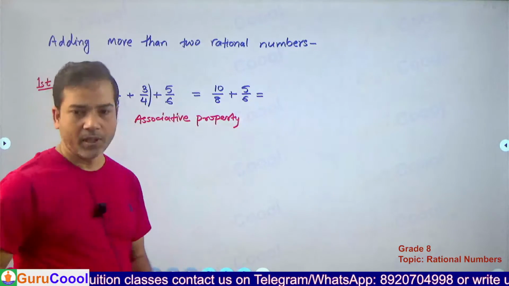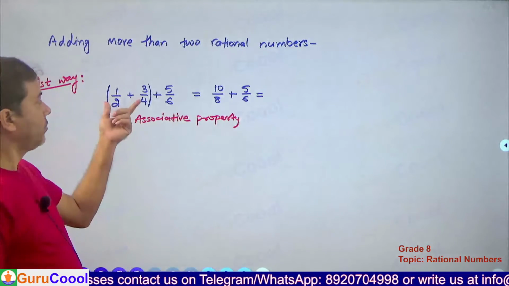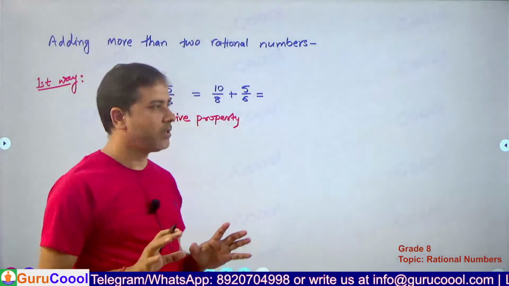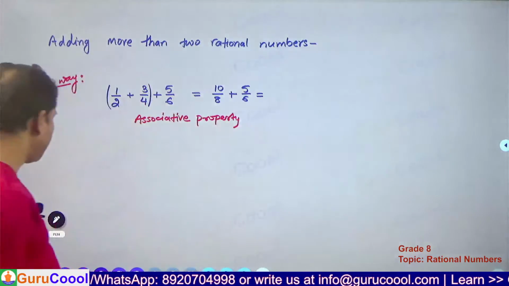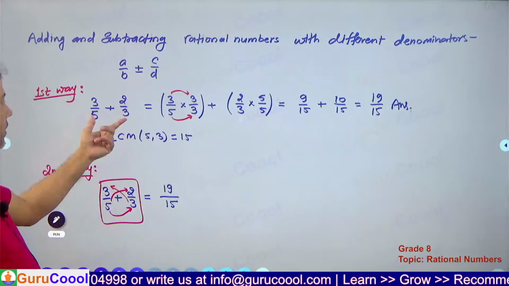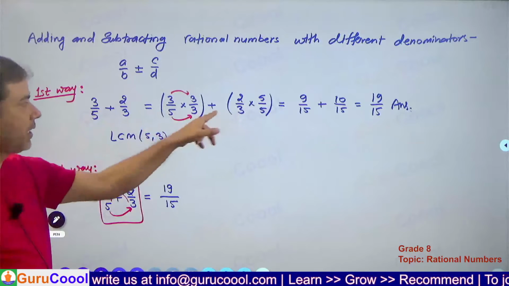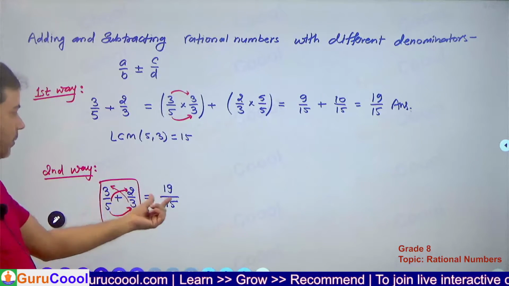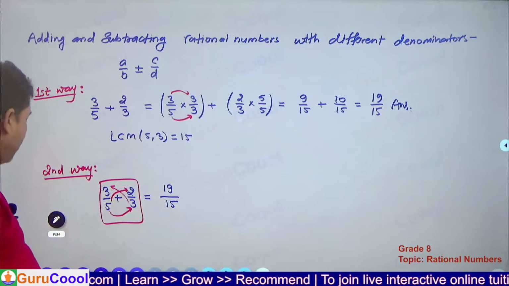Now do the same practice again that you did here, or you can take the LCM. It's your choice here again. In the previous page I showed it: you can make the denominator the same like this and then add, or you can directly do this practice. It's your choice.